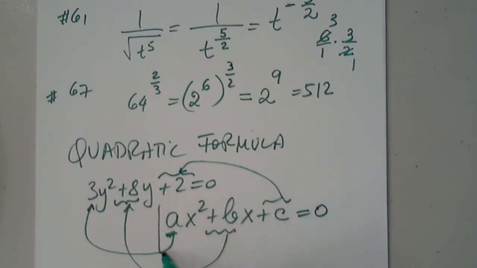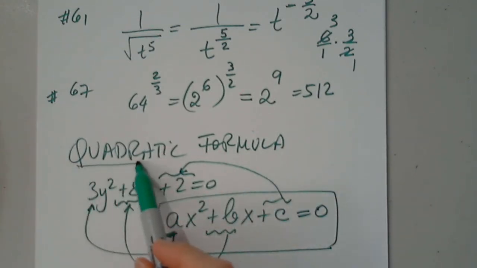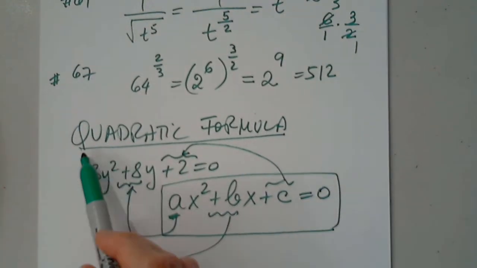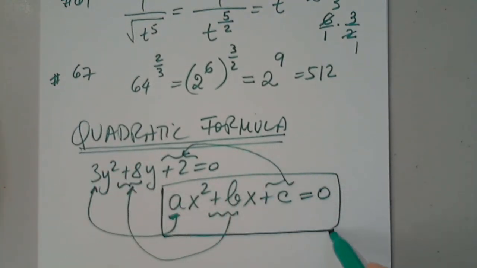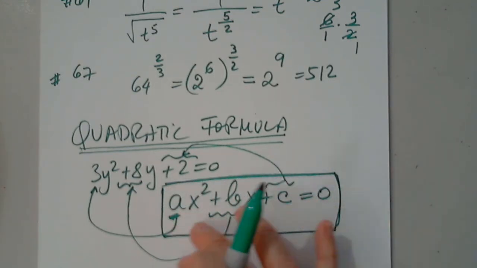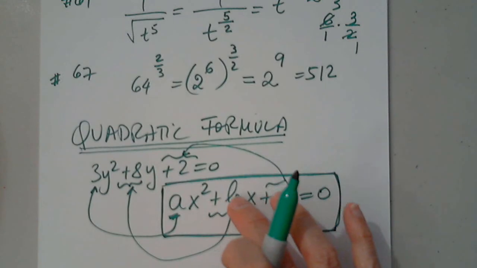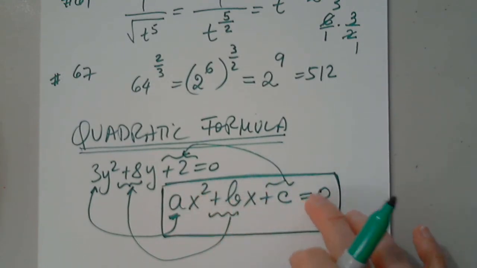If I do not have the equation set up like this, I cannot use the quadratic formula. The quadratic formula is applicable only after the equation is already set up in this format: the quadratic expression in descending order of the powers of the variable, the equal symbol and 0.